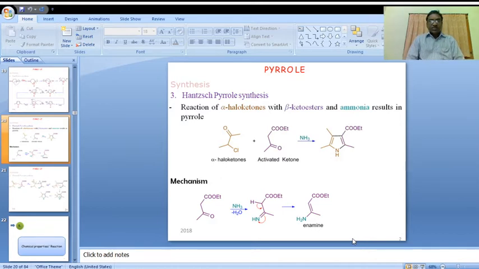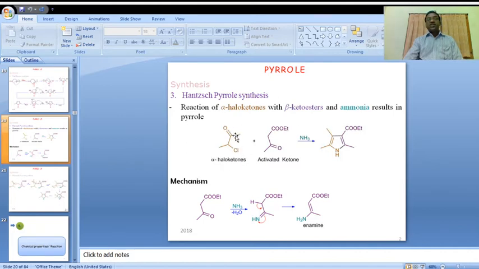The next method of preparation, Hantzsch pyrrole synthesis. In this method, reaction of alpha haloketones with beta keto esters and ammonia results in pyrrole.